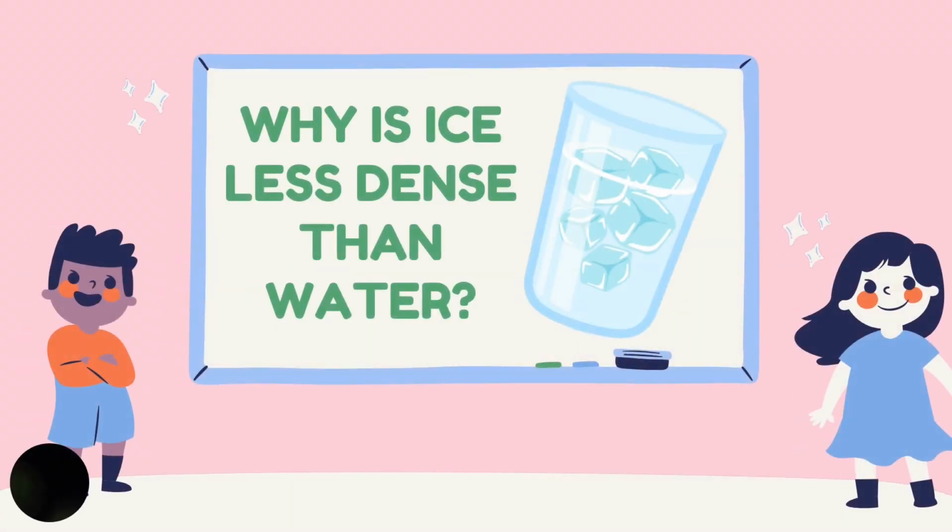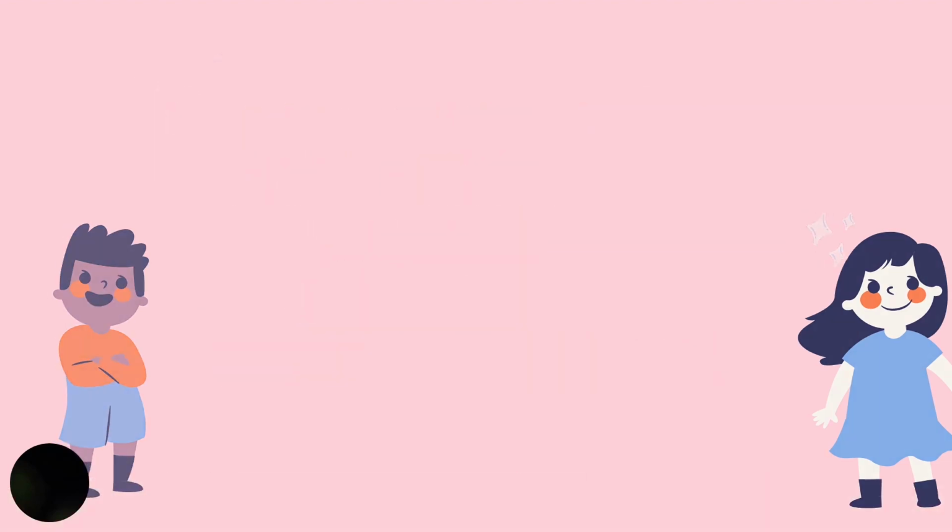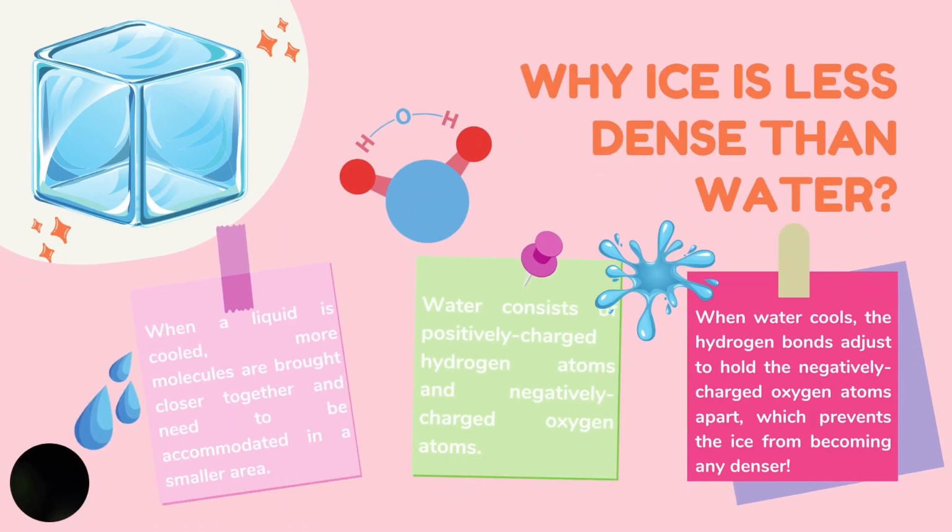Before we move on to the actual question, we need to understand why is ice less dense than water. Because when a liquid is cold, more molecules are brought closer together and need to be accommodated in a smaller area. This results in most solids having a greater density than liquids. Not so with ice.